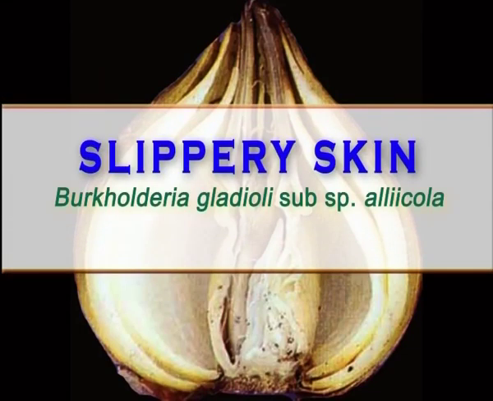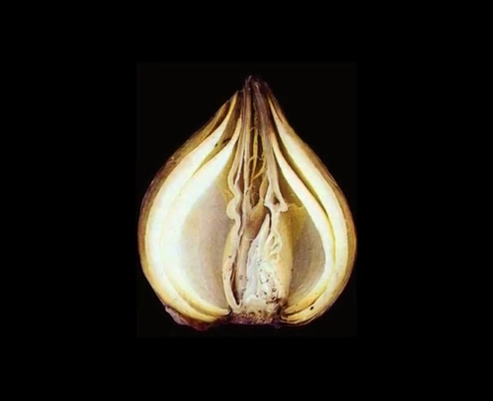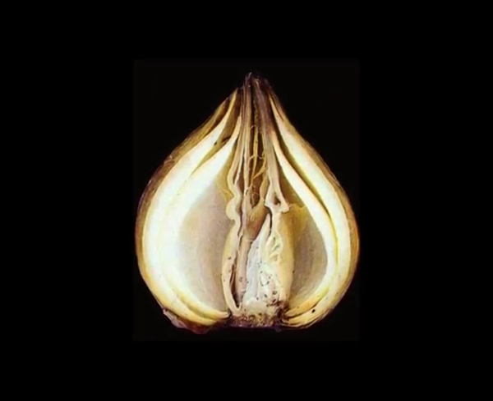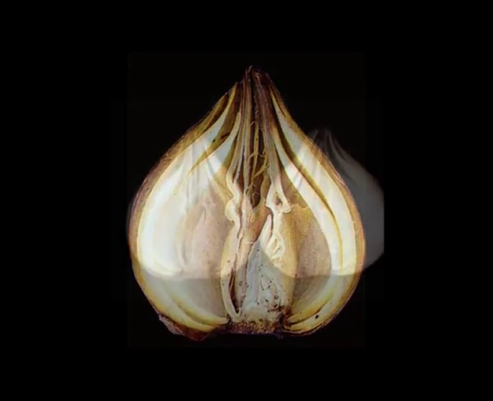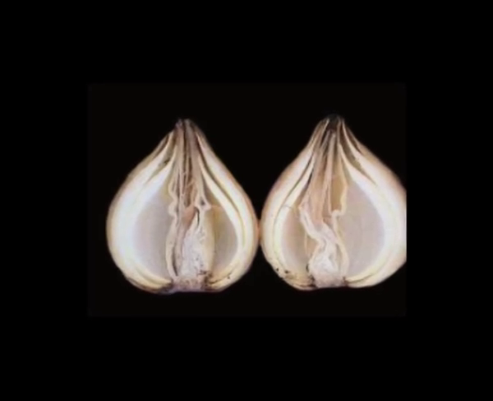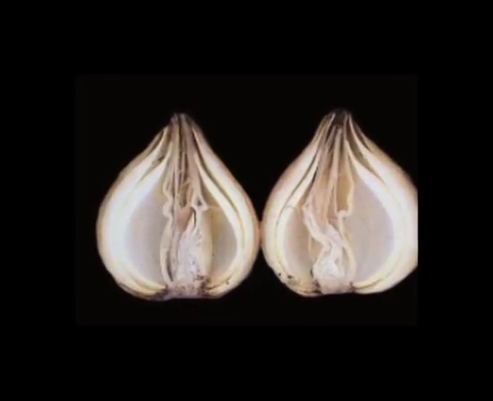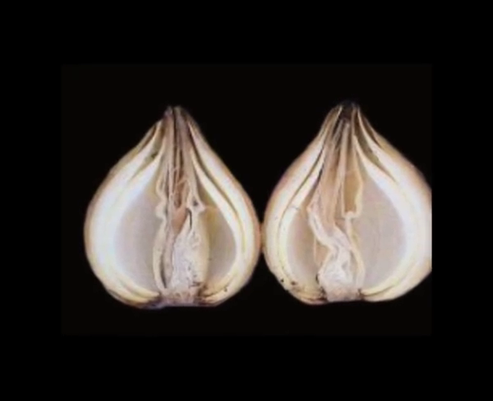Next disease is slippery skin. It is caused by Burkholderia gladioli pathovar alliicola. Intact onion bulbs with slippery skin can appear disease-free until they are cut open. However, the inner scales of the diseased bulbs are brown and water-soaked, and the bulb turns soft and rotten.